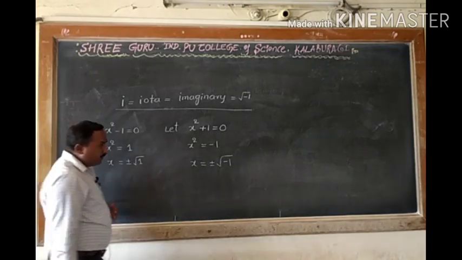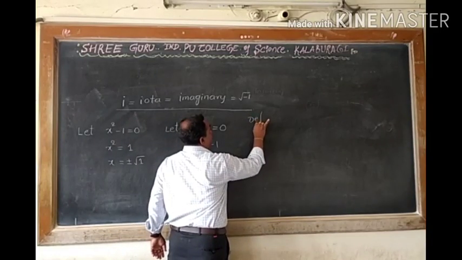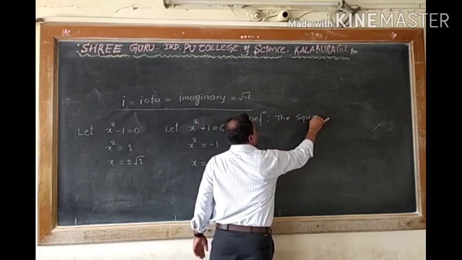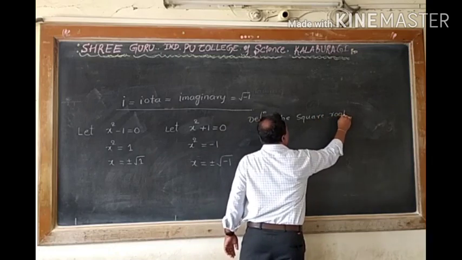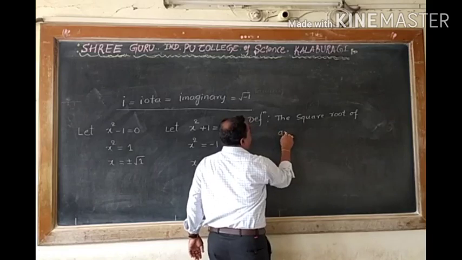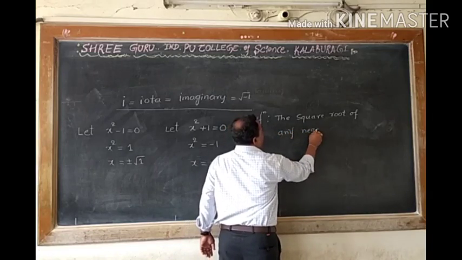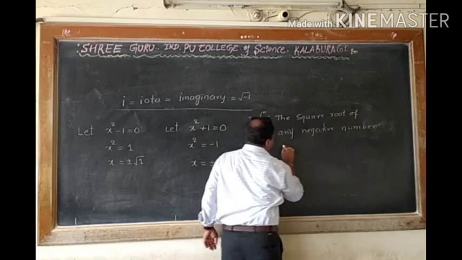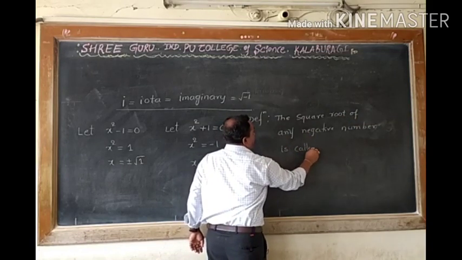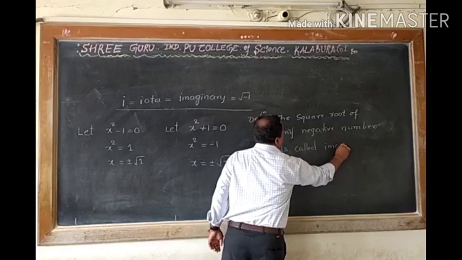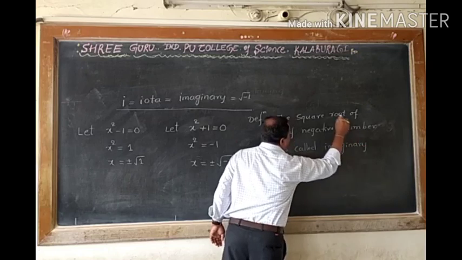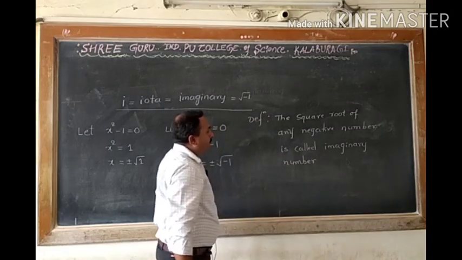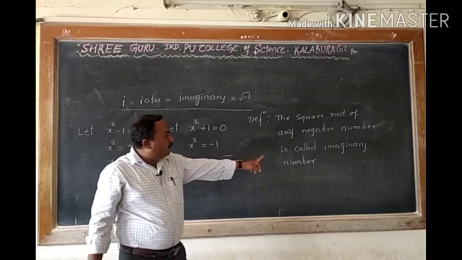Definition of iota means what? The square root of any negative number is called an imaginary number.